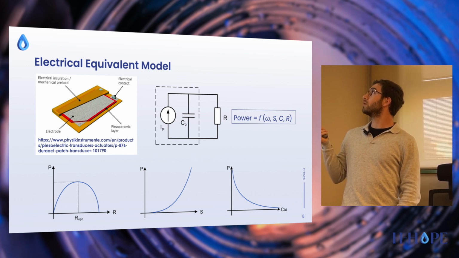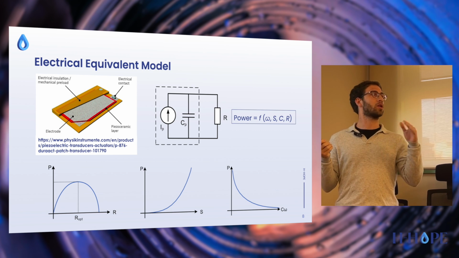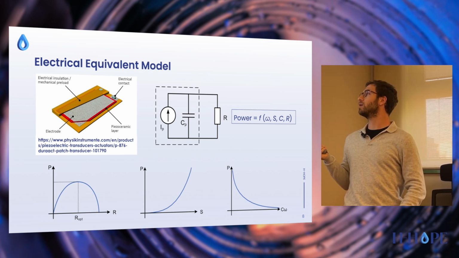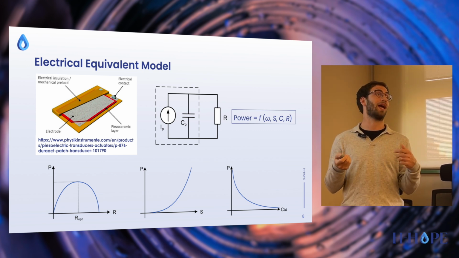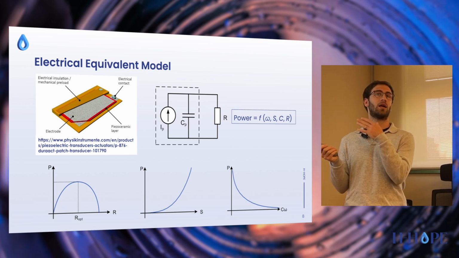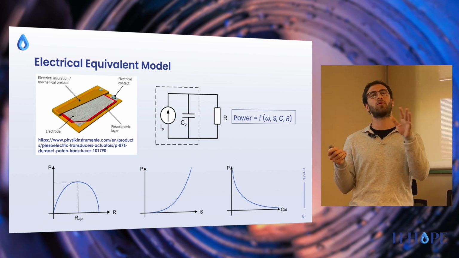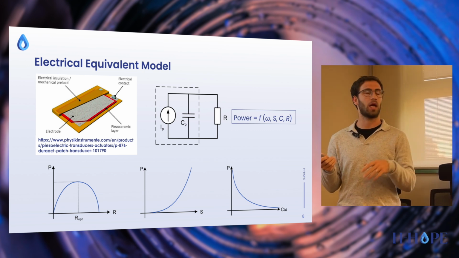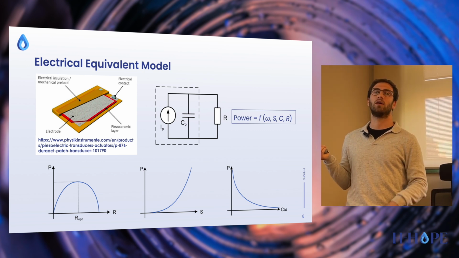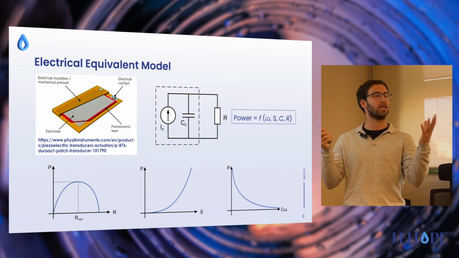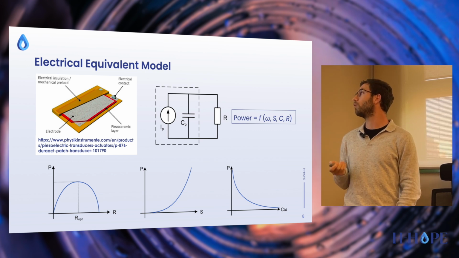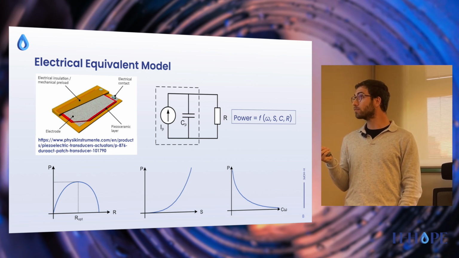Well, this is working at a non-resonant frequency. This is the resonant frequency of the piezoelectric patch, which is about megahertz, and this is not the resonant frequency of the structural mounting, I would say.